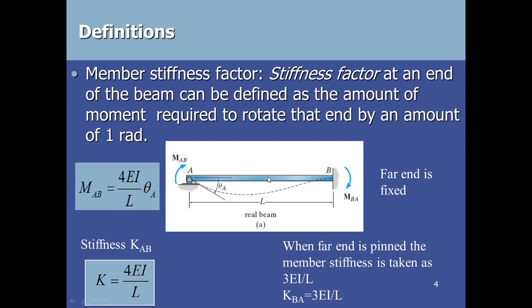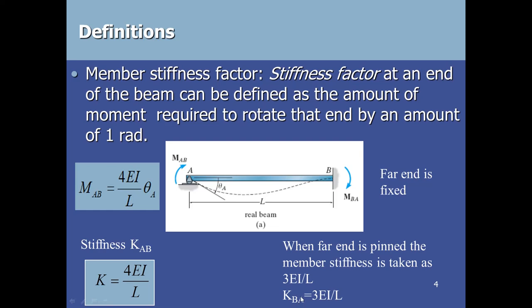Similarly, if we look at this case, when the far end is pinned, the member stiffness is taken as 3EI by L, which will be, in this case, if we calculate for KBA, B will be the end which we are considering and A will be the far end.